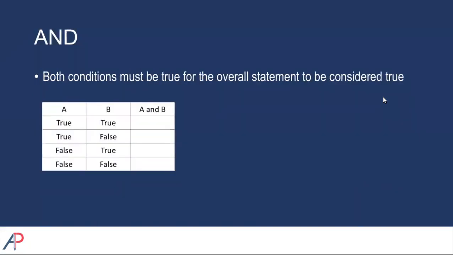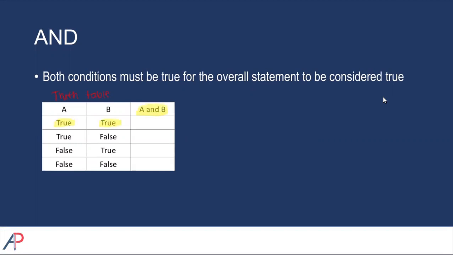I want to talk about what we call a truth table. This table is called a truth table. When you are given certain logical values, we can see that we have one logical value, true and false.